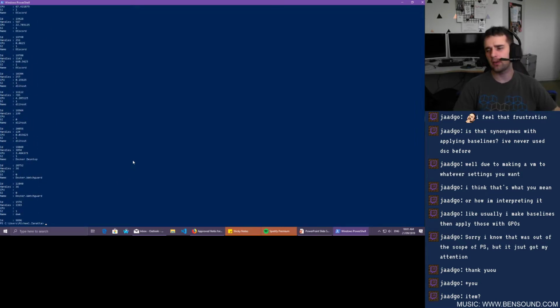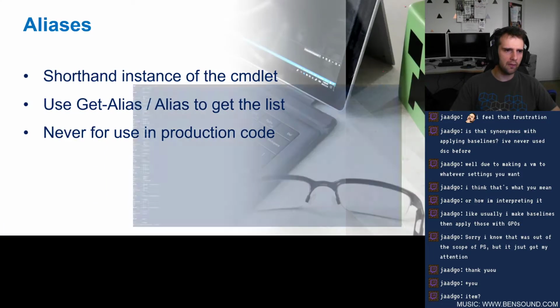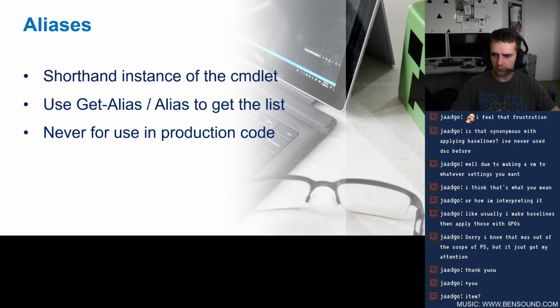It does the exact same thing. It really helps in writing quick code. If you're messing around trying to do something, you don't want to write the full format list. Even with tab complete, if I can do an FL enter versus an F4 and then tab, then you're definitely succeeding in PowerShell.